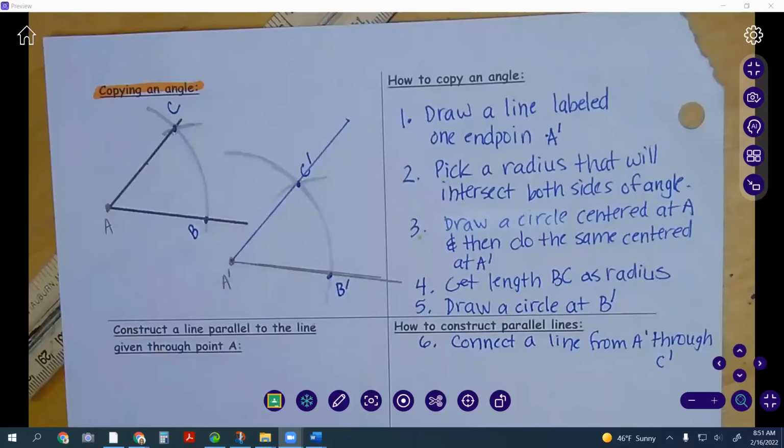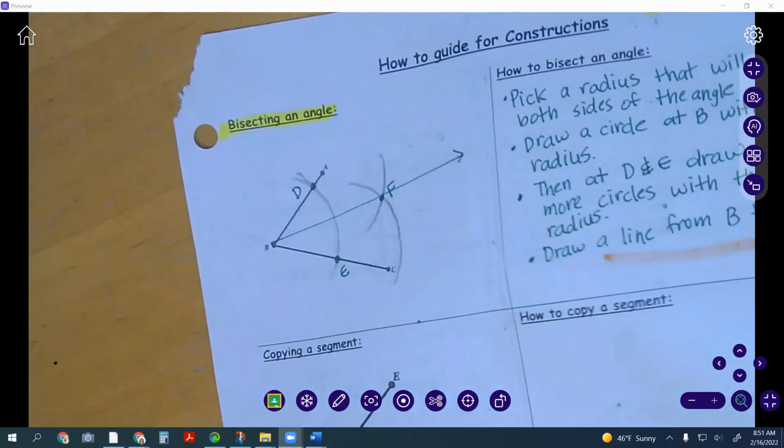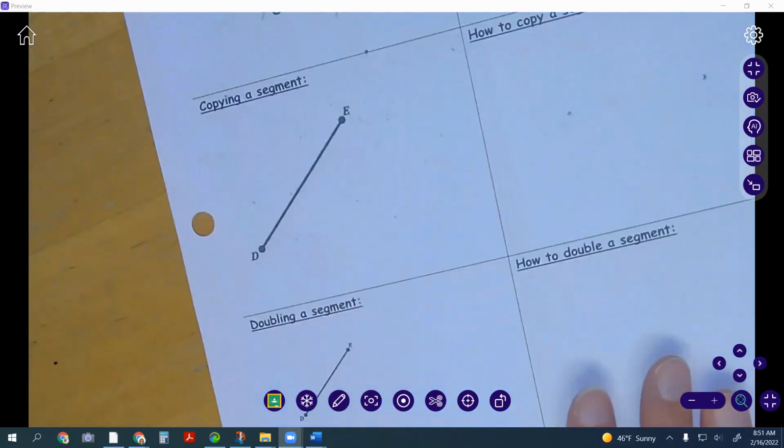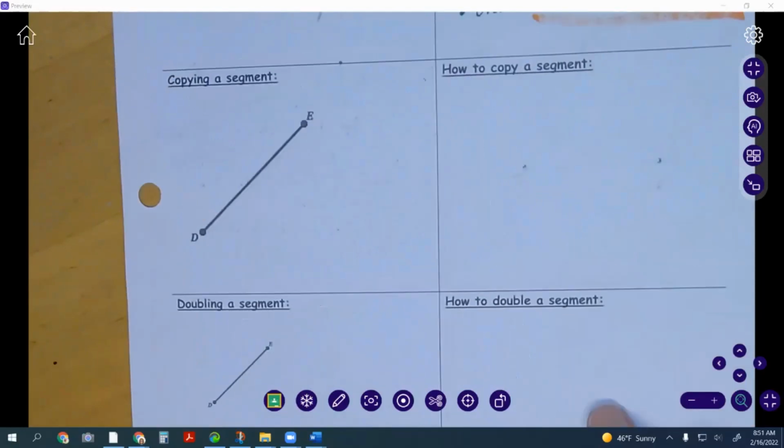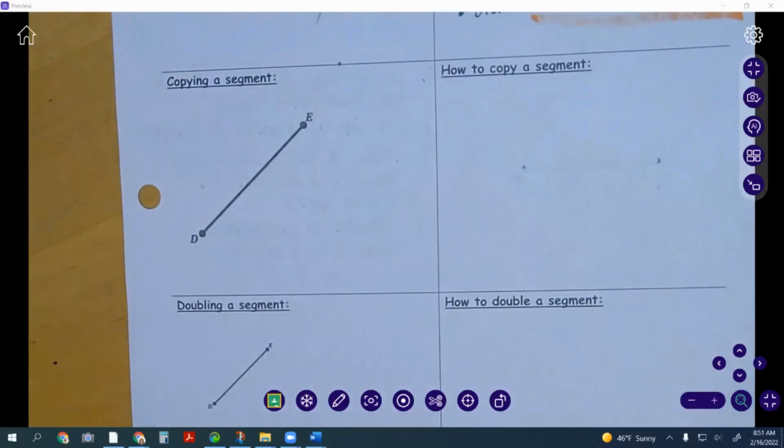Okay, so we're going to now go back to page 7, and now we're going to go through the rest of them, starting with copying a segment. Okay, this is on page 7. So to copy a segment, what you're going to do is you're going to draw a line that's longer than the line you need.